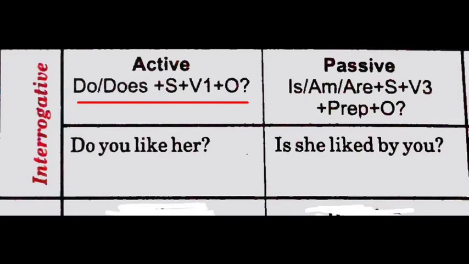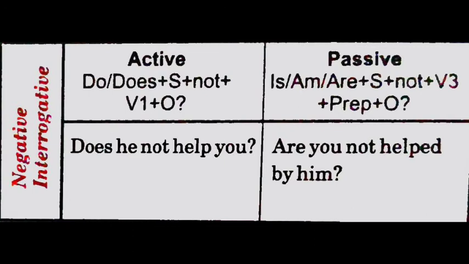Same way for interrogative. The simple present tense in active voice is written in interrogative as do/does plus subject plus first form of the verb plus object. But when we change into passive, again do/does will change into is, am, are. Then subject, then instead of the first form of the verb we'll write the third form of the verb, and then preposition and object. Last, for negative interrogative.